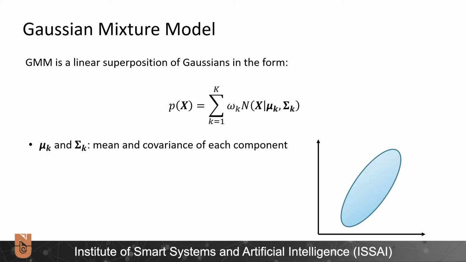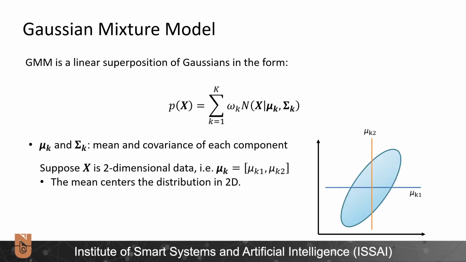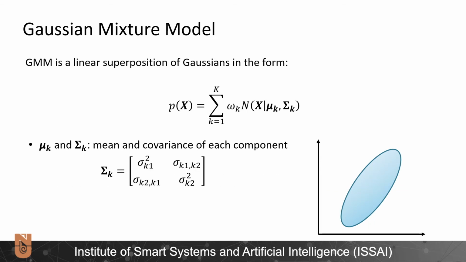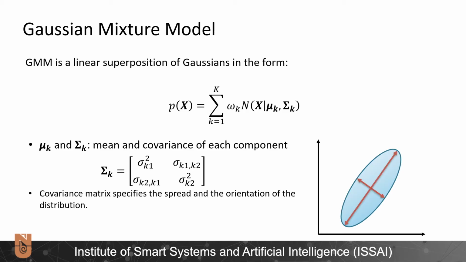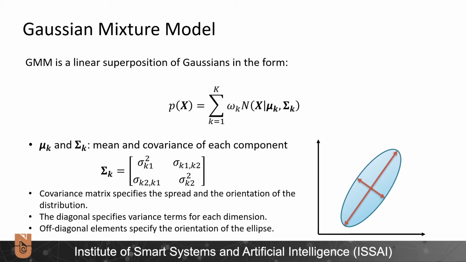In order to understand mean and covariance, let's consider a component in 2D. Here, the mean centers the distribution. Next, let's consider the covariance matrix. The covariance matrix specifies the spread and the orientation of the distribution, where the main diagonal elements are the variance terms for each dimension, and off-diagonal elements specify the orientation of the ellipse.